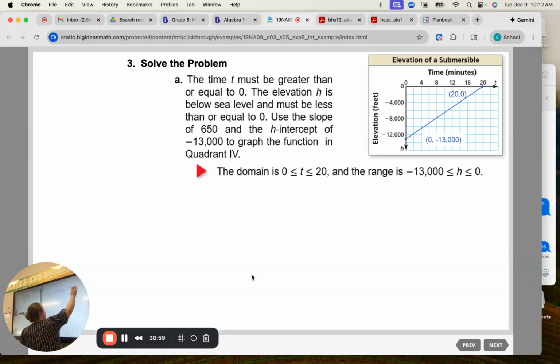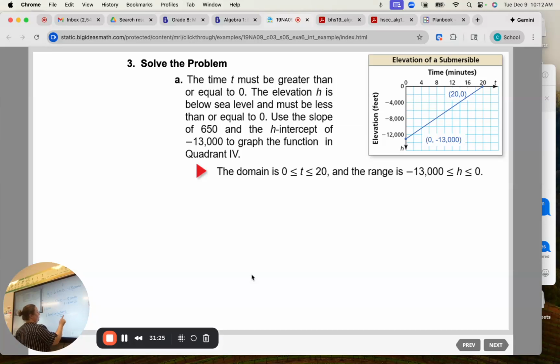All right, so what was our equation? y equals 650t minus 13,000. And we're solving for the x-intercept, which in this case is t. So we're going to say 0 equals 650t minus 13,000. We're going to add that 13,000 over here.